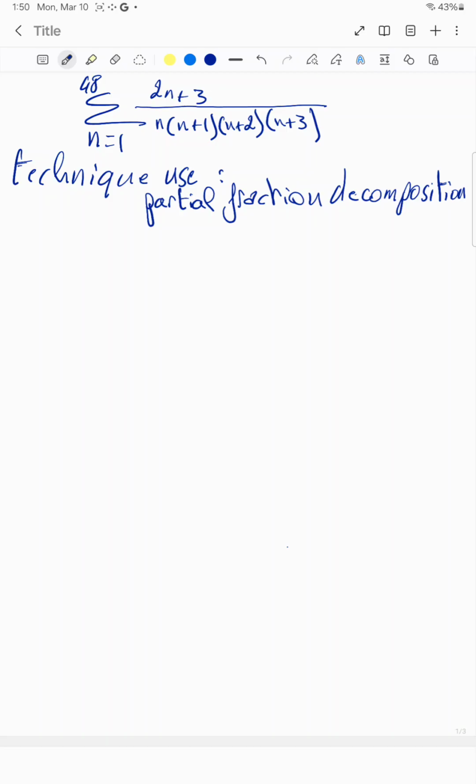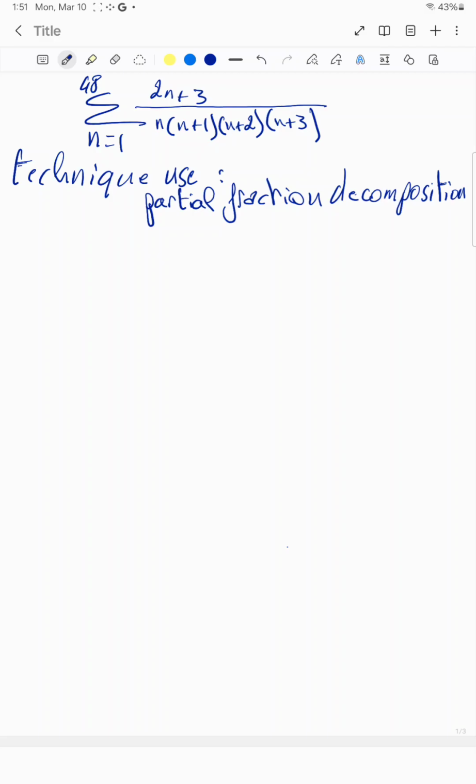Just to give you an idea about partial fraction decomposition, if you see in the denominator, there is only multiplication. So yes, I do have n + 1, n + 2, n + 3, but they are in between parentheses. Anything in the parentheses is like one entity, and then I have multiplication among all entities. So I can do partial fraction decomposition.